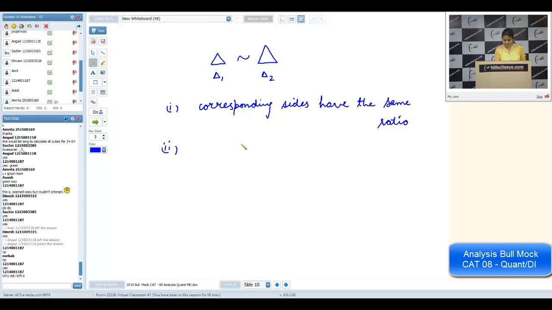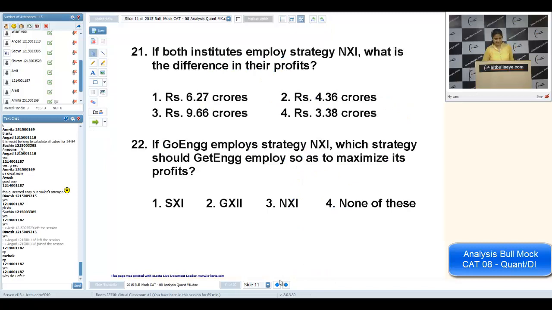Rather, now this is the added thing, corresponding everything, you talk about heights, medians, you take anything, angular bisector, perpendicular bisector, they will bear the same ratio. Yes, it was easy.